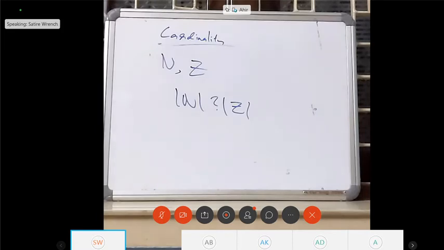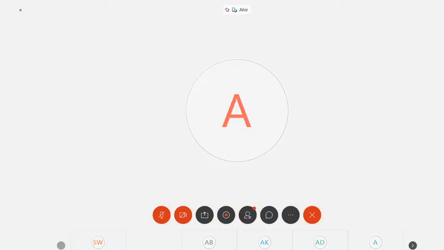Yes, you can establish a bijection, so both of them have the same cardinality. 1 maps to 0, 2 to minus 1, 3 to 1, 4 to minus 2, 5 to 2, 6 to minus 3, 7 to 3, and so on. So how do you formally define this?